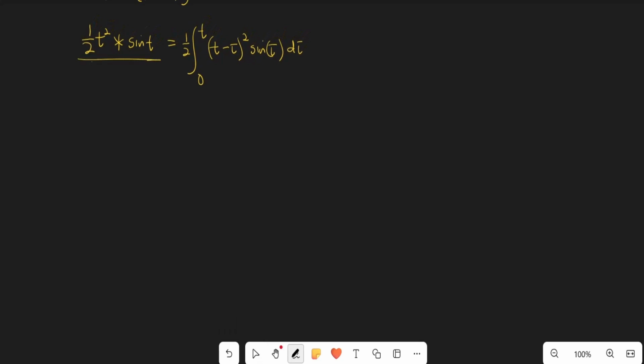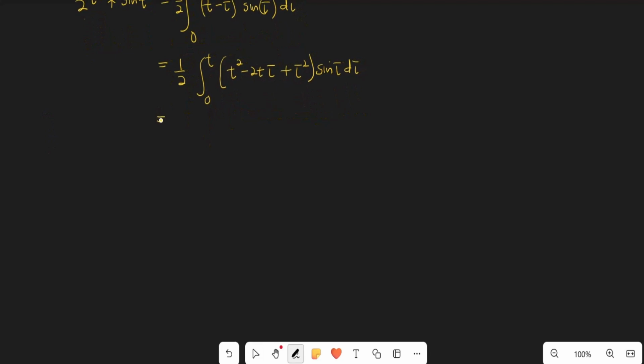I'm not going to write this one all along, and that will be a waste of time. So now let's have this 1/2 in front here, and now we have the integral from 0 to t. Now let's FOIL this. This one is going to be t squared minus 2t tau, and then plus tau squared, and this is multiplied by sine of tau and then d tau, right?